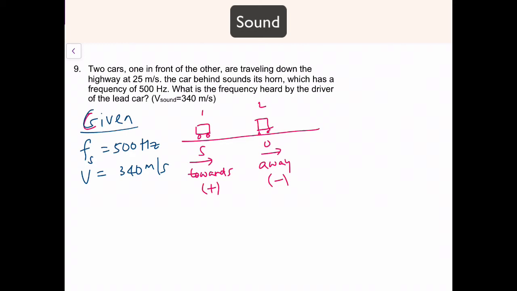When you run after another person, you are trying to approach him or running towards him, but the other person is moving away from you. Having said that, the equation that you will want to use, the general equation because both are moving now, is F0 equals Fs times (V plus V naught) over (V minus Vs).